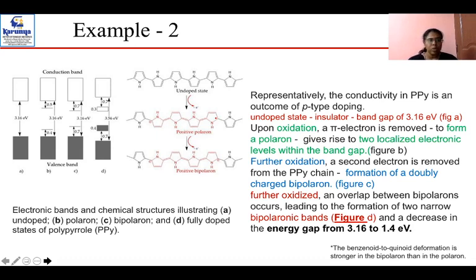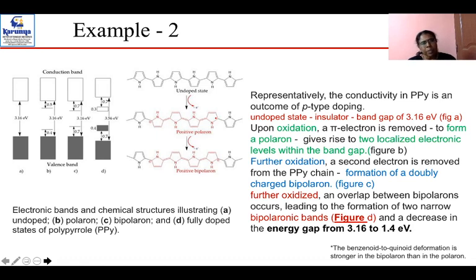Again, when you further oxidize it, a second polaron is formed, so you will have a doubly charged bipolaron. When you further oxidize it, you end up with the formation of bipolaronic bands. You could see the bands there, which we have marked as 0.3 and 0.4.